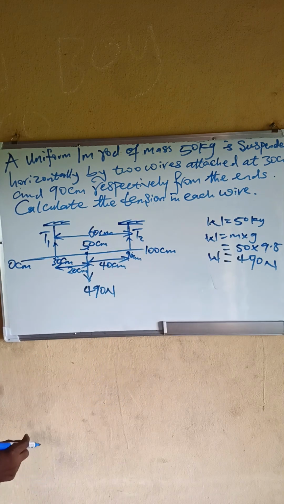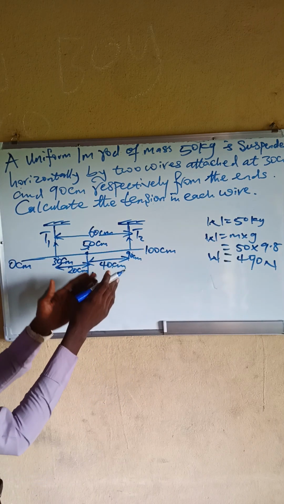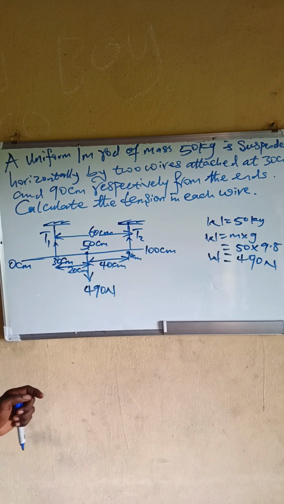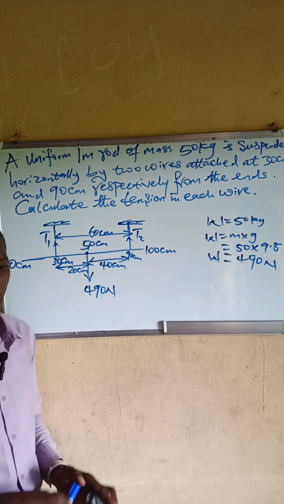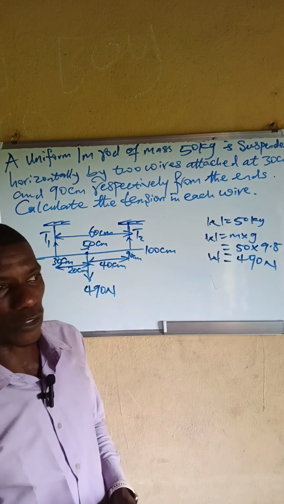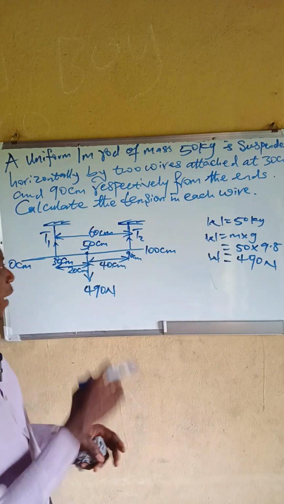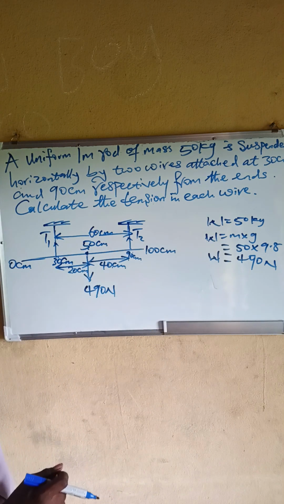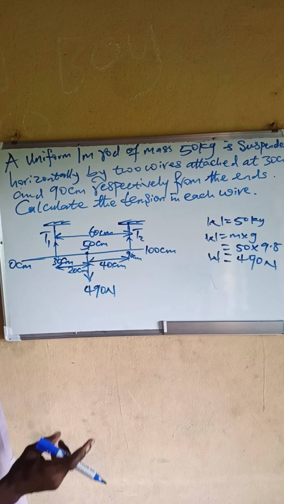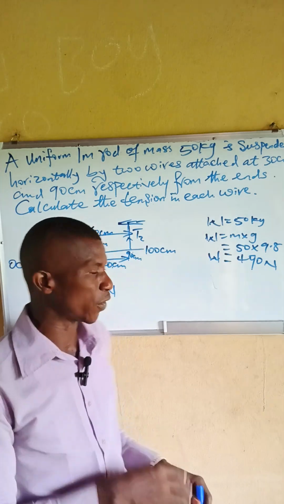Now you're asked to find tension 1 and tension 2. Since the rod is in equilibrium, two conditions are applied. One, the sum of the moments of the body about a particular point must be equal to 0. Two, the sum of the upward forces must be equal to the sum of the downward forces.